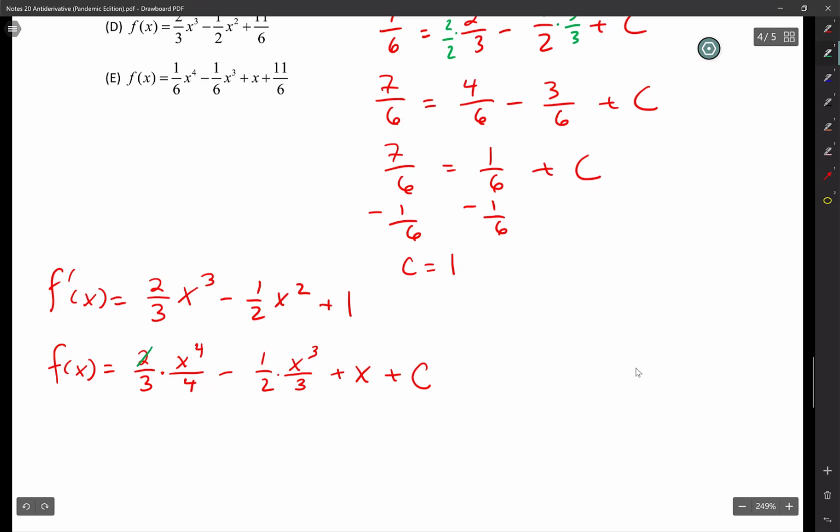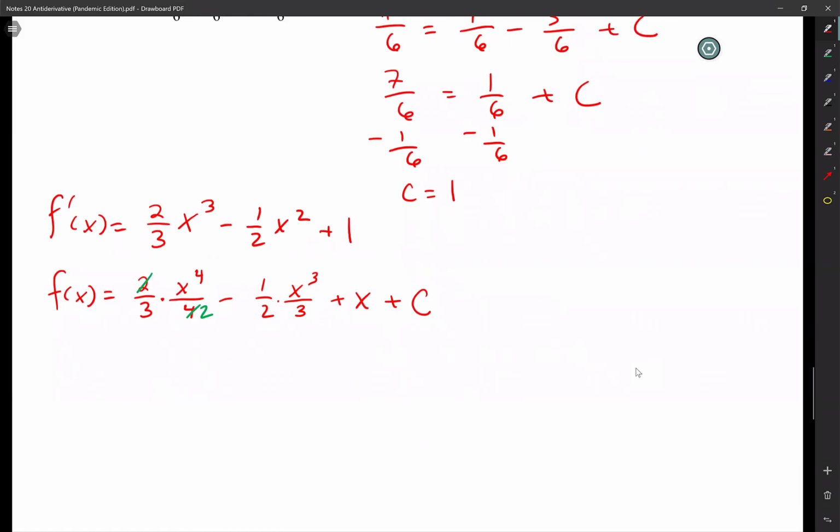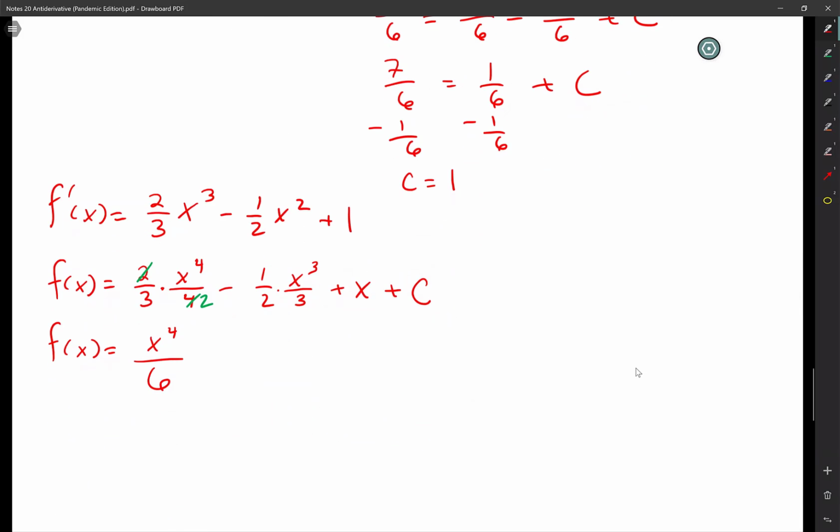I can see that 2 goes into 4 twice. So here's what I'm going to have: x to the 4th over 3 times 2, which is 6. Look, I'm not consistent at all. First I do fractions, and then I put the x next to it. Now I'm just writing x to the 4th over 6. Does not matter, guys. Same thing. I just want to make sure you guys know. Minus, and since I already wrote x to the 4th over 6, I'm just going to make everything one nice fraction: x cubed over 6, plus x plus c.